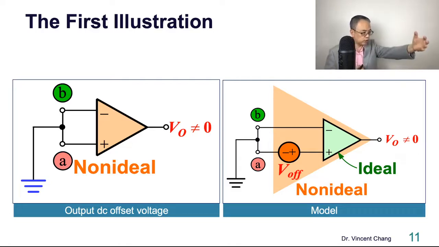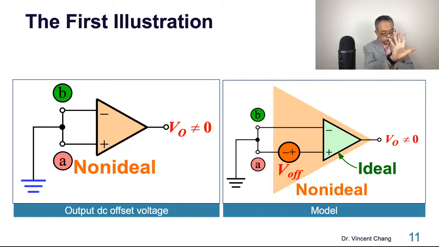And that output voltage is created by a differential signal, a differential voltage, going through the operational amplifier and multiplied by the differential gain.